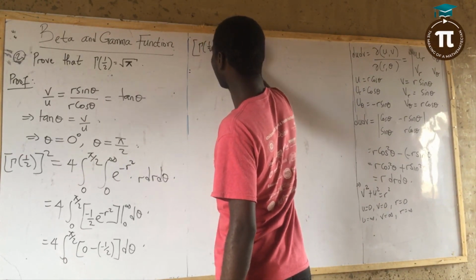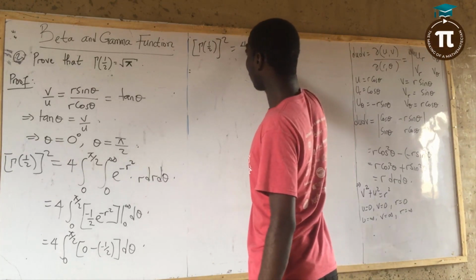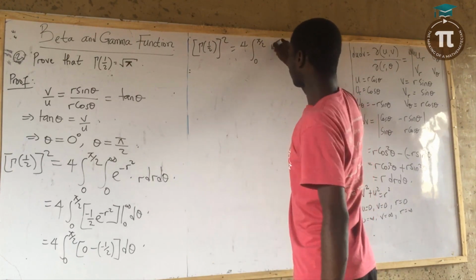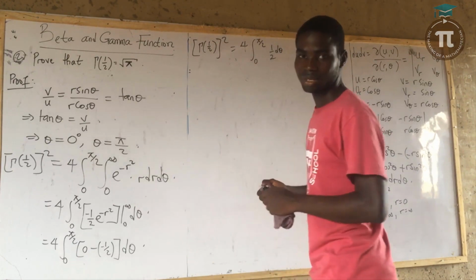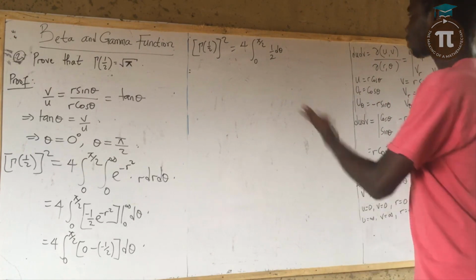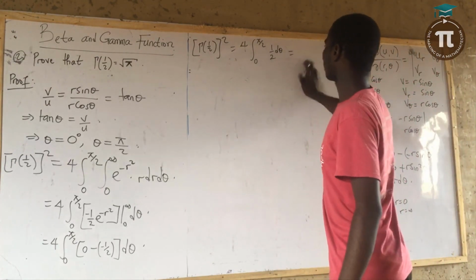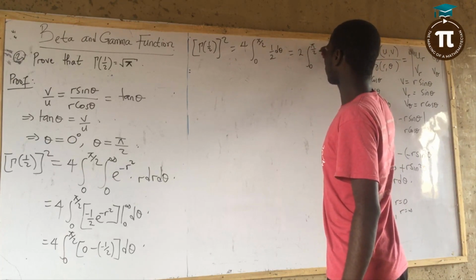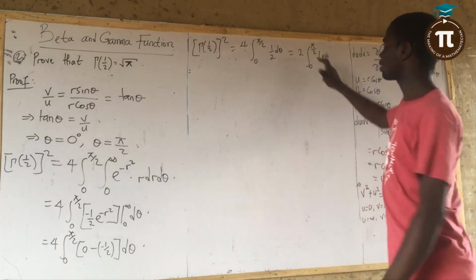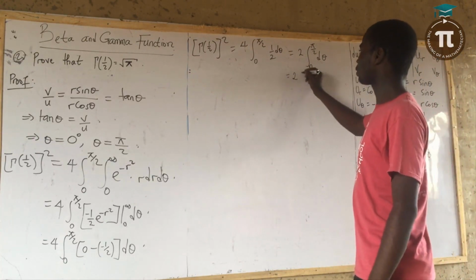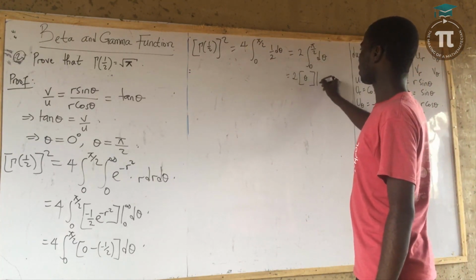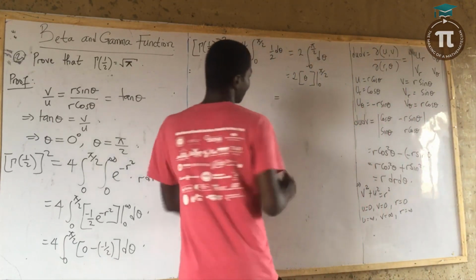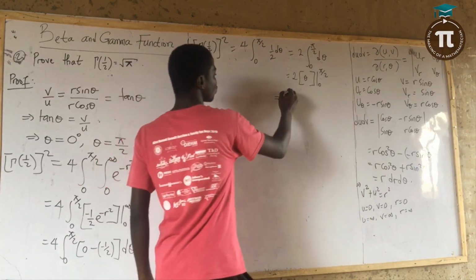So I will have gamma of 1 over 2 all squared will be 4 integral from 0 to pi over 2 of 1 over 2 d theta. So the 1 over 2 can come out to become 2 integral from 0 to pi over 2 d theta. If you integrate with respect to theta, you will get theta. This one will be 2 theta from 0 to pi over 2.